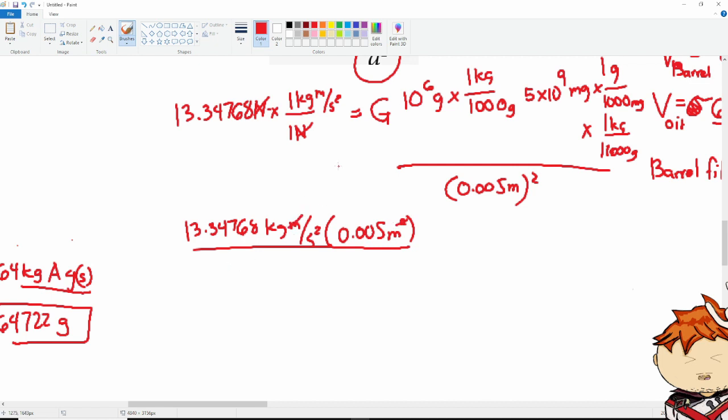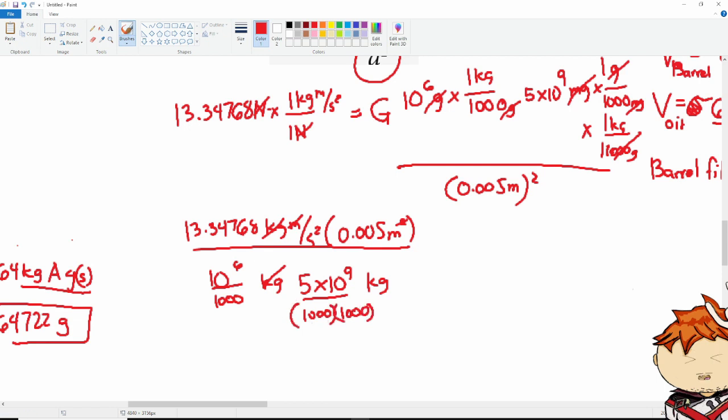Then cancel gram, we have kilogram: 10 to the 6 kilogram divided by 1,000 kilogram. Cancel kilogram because this is on the opposite side. We basically transpose both sides. Then 5 times 10 to the 9 milligrams, cancel milligram, cancel gram, we have kilogram also, divided by 1,000, 1,000.